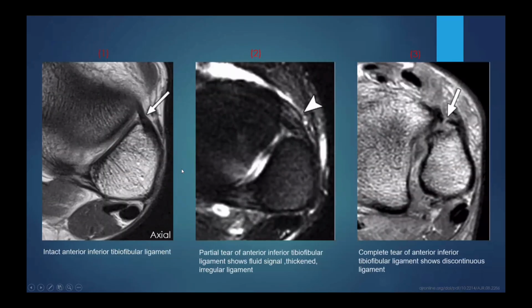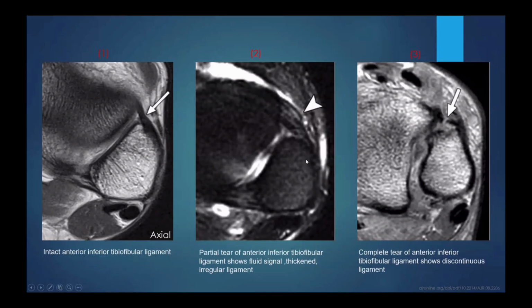In the first case, we have an axial image of the ankle at the level of talar dome, demonstrating a normal and intact anterior inferior tibiofibular ligament. It's continuous with preserved low signal intensity.